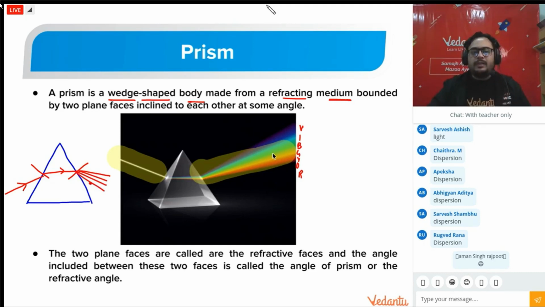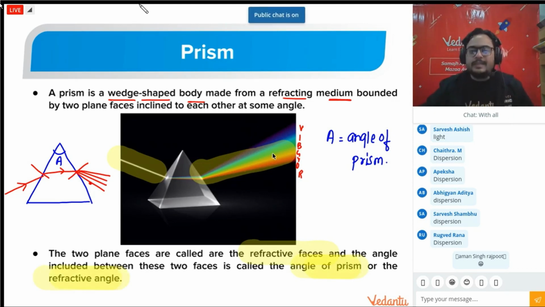This angle A between the two faces is called the angle of prism. Is that clear? The two faces are called refractive faces because refraction happens at these two faces, and the angle between them is called the angle of prism or the refracting angle.